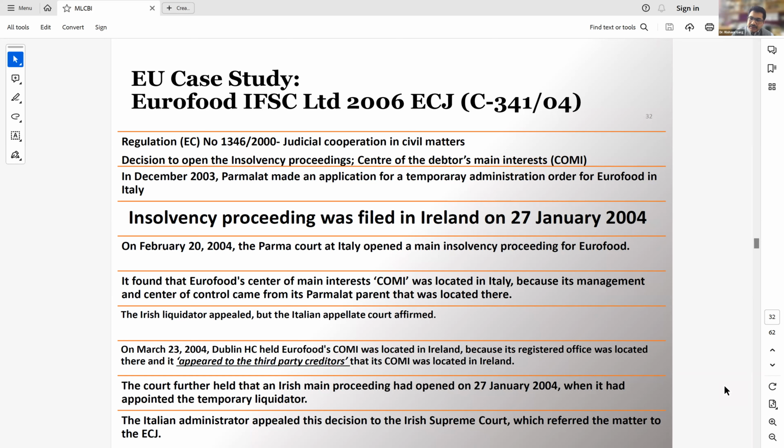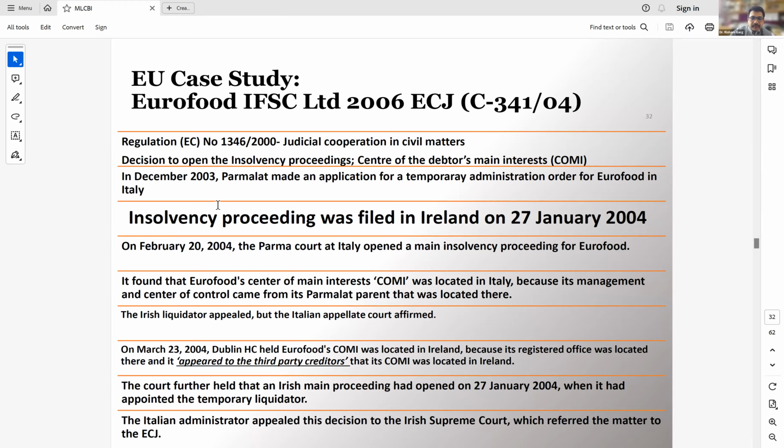As you see here, in December 2003, Parmalat made an application for a temporary administration order for Eurofood in Italy. But then the insolvency proceeding was filed in Ireland on 27 January 2004 by the bankers.